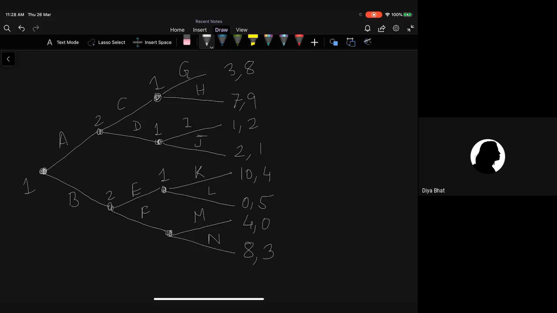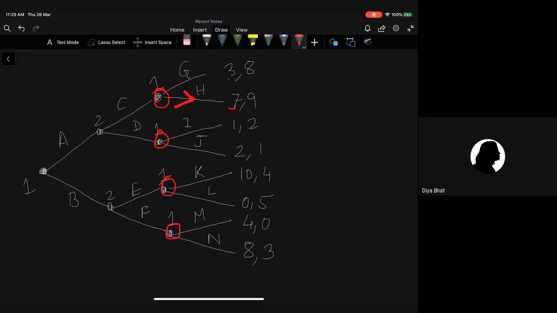Let's apply backward induction. There are 4 terminal nodes. In each of the terminal nodes, the same player moves, player 1. So let's look at the top node. The best thing for 1 is to choose H, because it gets 7 as opposed to 3.